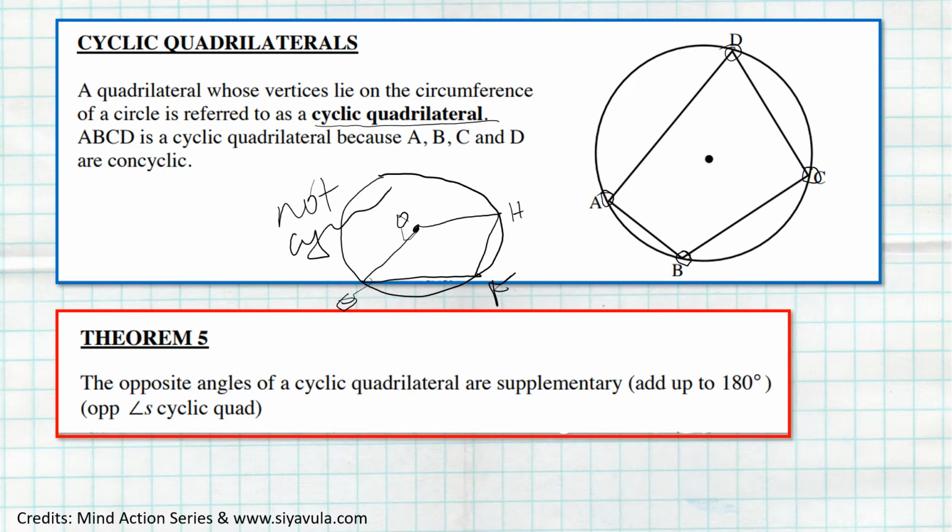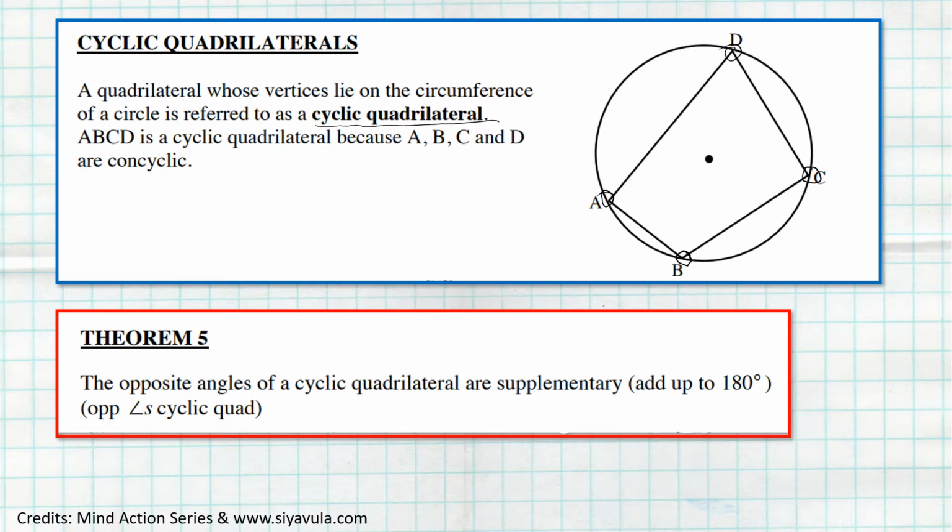Although three of its vertices lie on the circumference, there is one vertex that does not lie on the circumference. So for something to be called a cyclic quadrilateral, it must be a quadrilateral where all four vertices lie on the circumference.